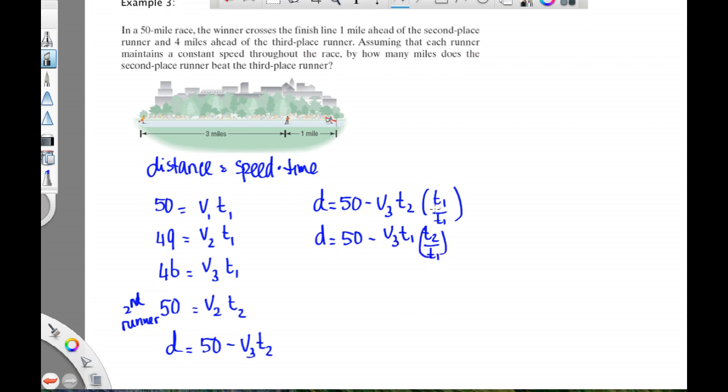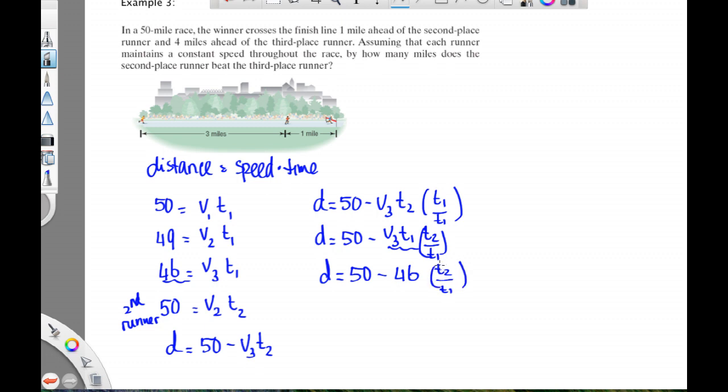So I'm interchanging these two. The reason I do that is because I know that the velocity of the third runner times the first time is 46. So I can replace 50 minus v3 t1 with 50 minus 46. And then I'm left with t2 divided by t1.